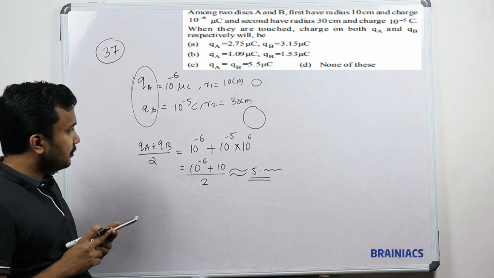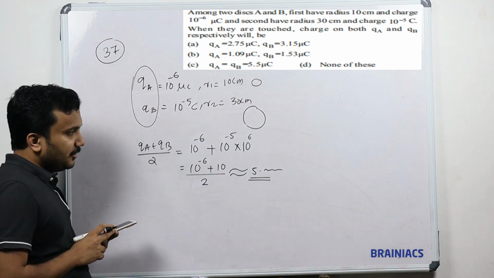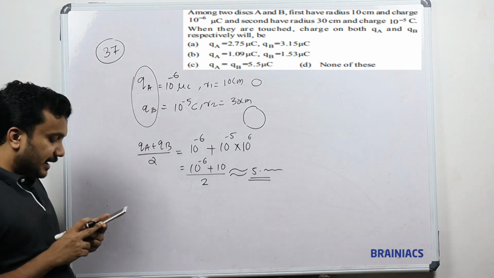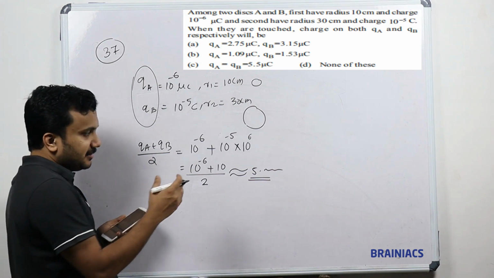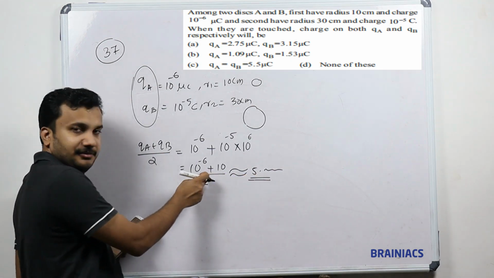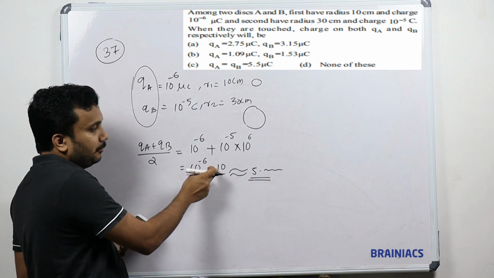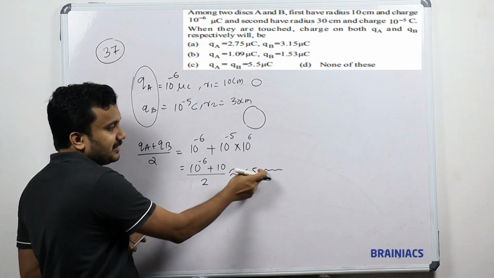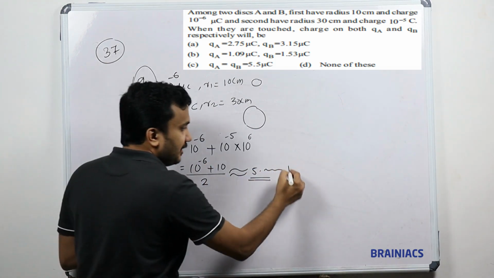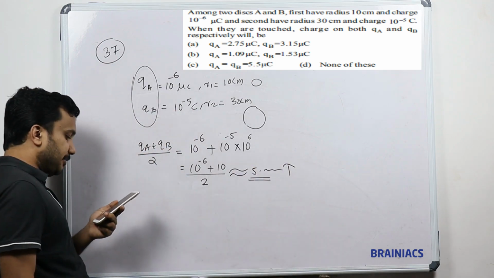Okay, here you will never get an exact answer, but it is slightly greater than 5. Both are in microcoulombs, so it is slightly greater than 5. Slightly greater than 5 means we look for which is coming in those options.